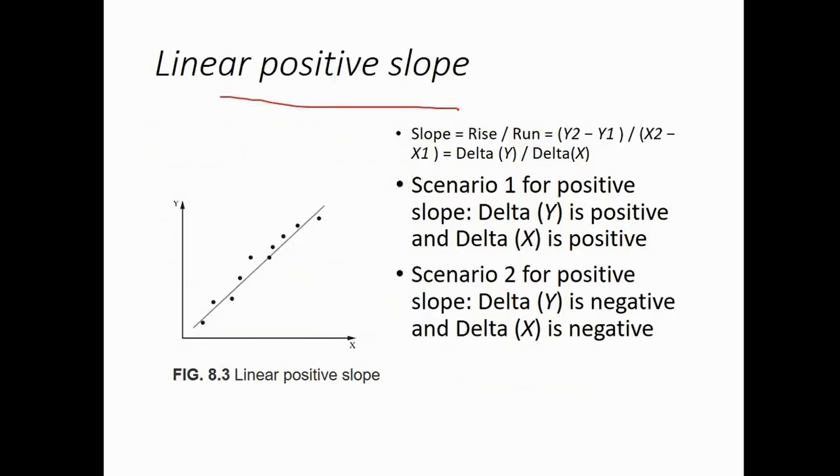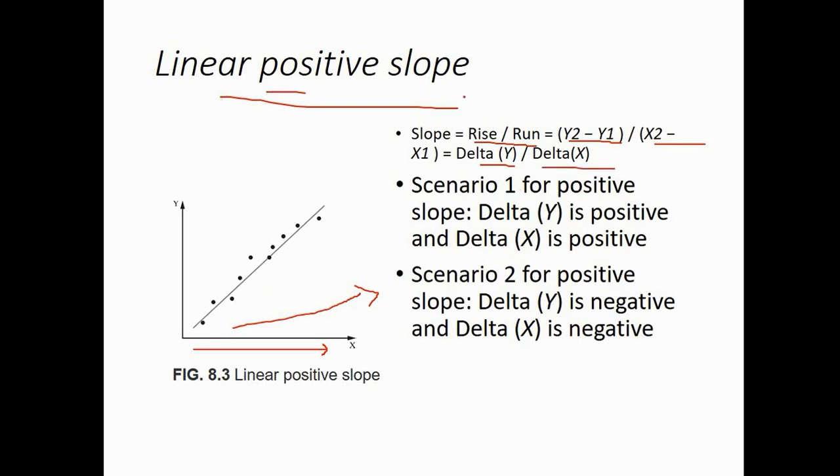For the linear positive slope, if you look at the graph from left to right, the values are increasing in the direction from left to right. Here y2 minus y1 is called delta y, and x2 minus x1 is called delta x.